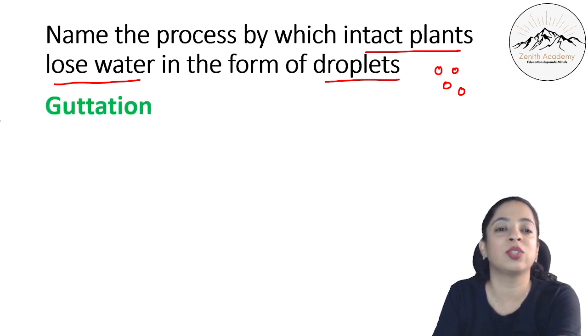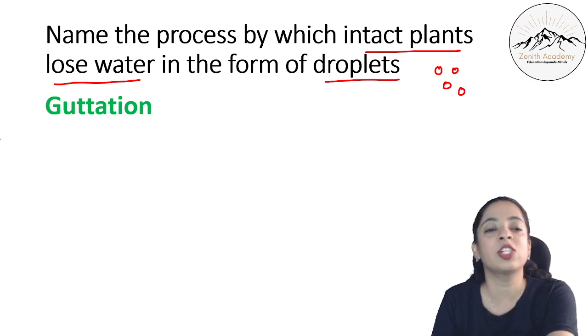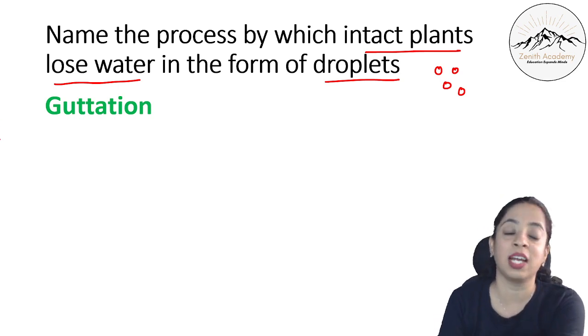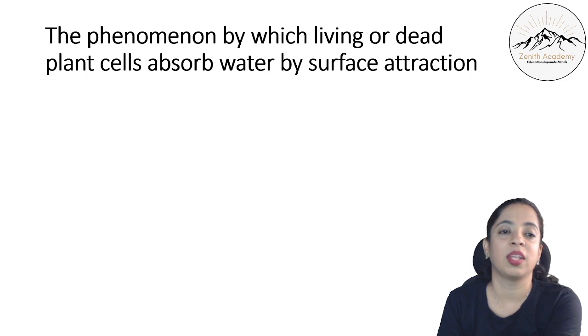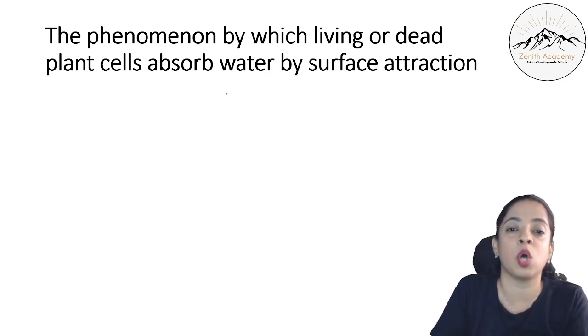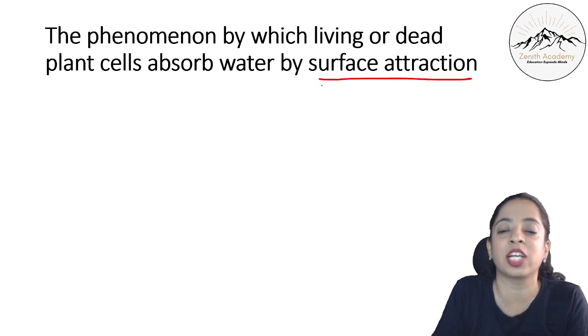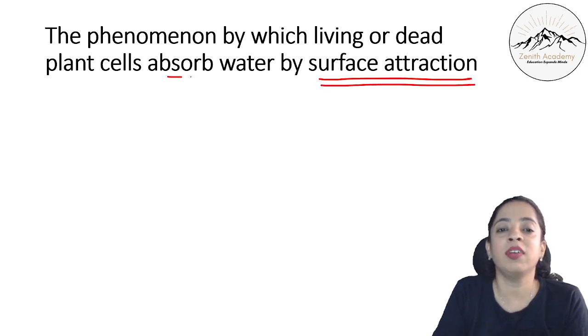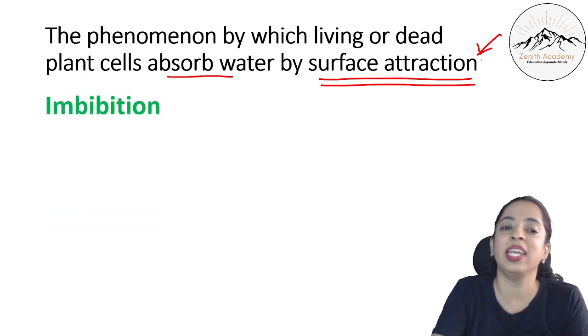So the answer of this is the process by which intact plants lose water in the form of droplets is guttation. Next, the phenomena by which living or dead plants absorb water by surface attraction. So wherever they are absorbing water by surface attraction, it has to be imbibition.